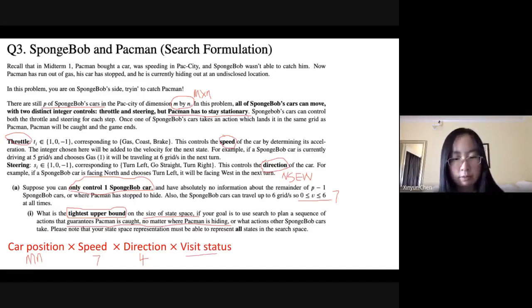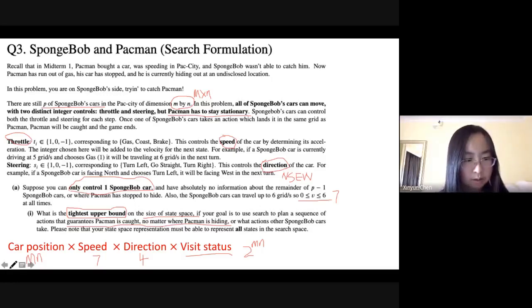For this number, it should be 2 to the power of mn. It is similar to how we represent the state space for the n-queens problems. Basically, for each position, we have 2 choices. One is that we have visited it, another is not. Then there are n times n possible positions. So this number is exactly this. Then when we multiply all of them, we get our final answer.